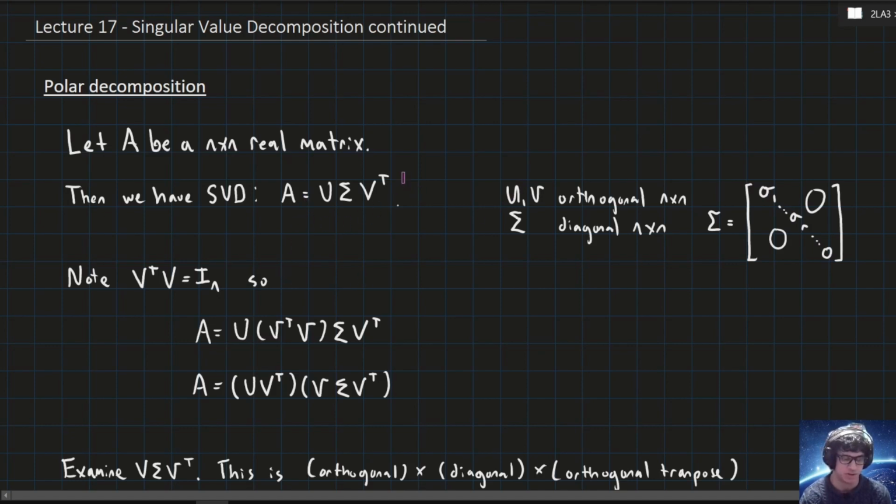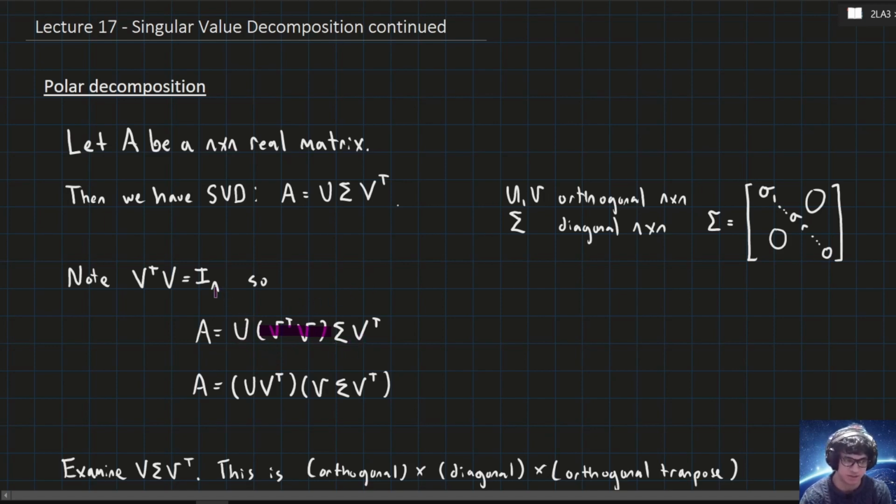Now we're going to do a little trick here. We're going to observe that V transpose V is the identity matrix, since it's an orthogonal matrix. So I'm going to look at my equation here, the singular value decomposition, and I'm going to write in V transpose V right here, just put it right in there between the U and the sigma.